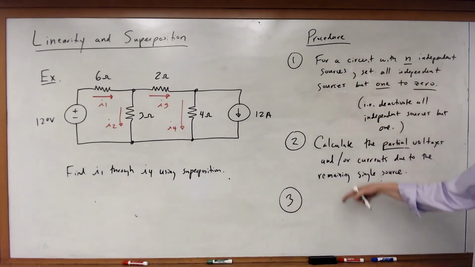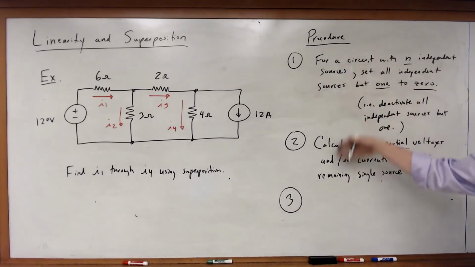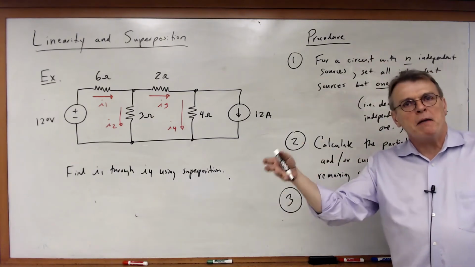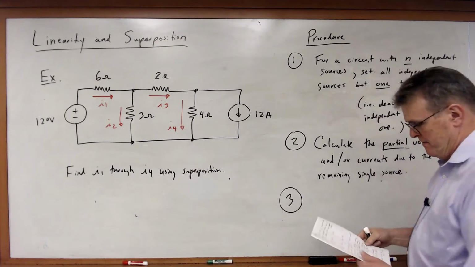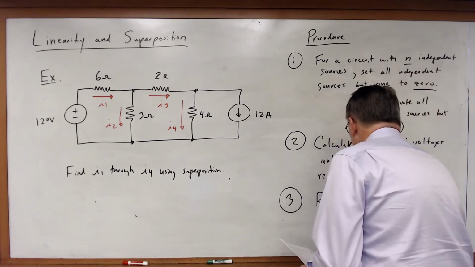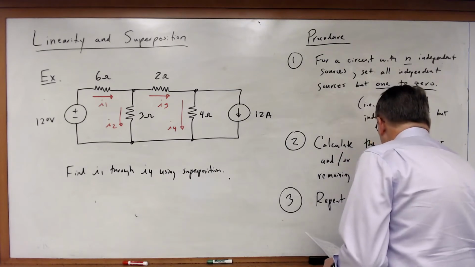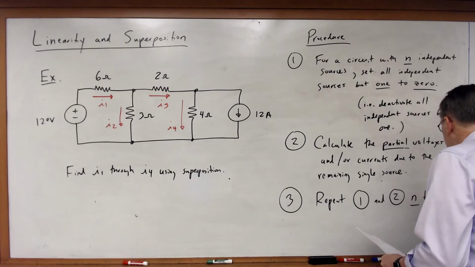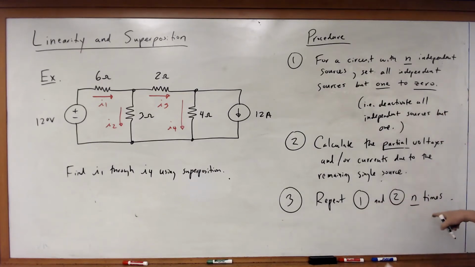Next step, we now go through and repeat 1 and 2 with each of the n minus 1 remaining sources. So we're going to repeat steps 1 and 2 n times, because n is the number of independent sources we had in the circuit.